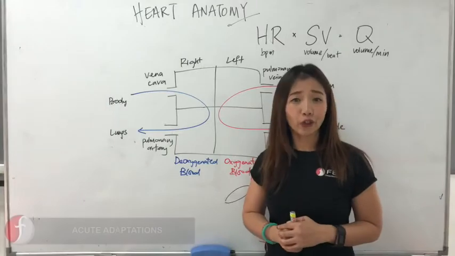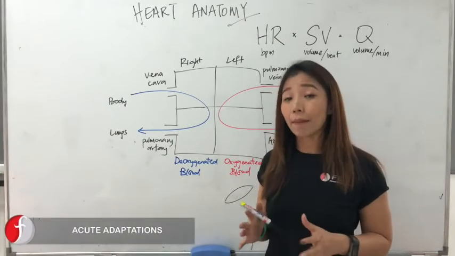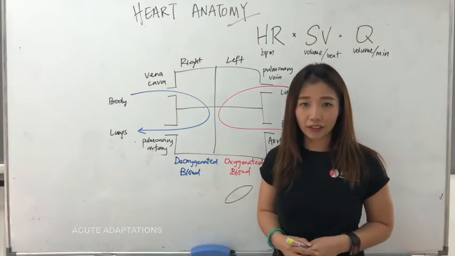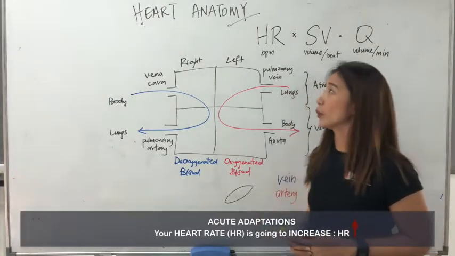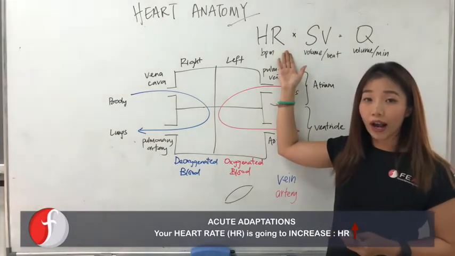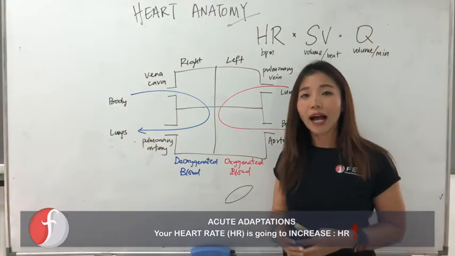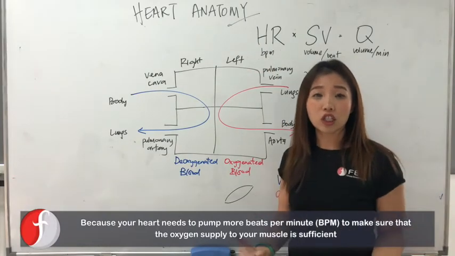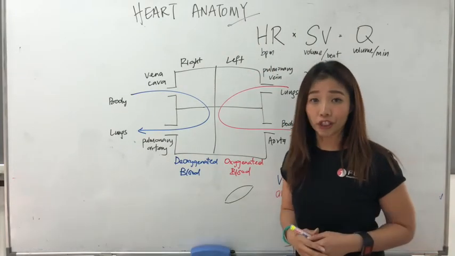Now, let's talk about acute adaptation, meaning what actually happens in a short period of time when you exercise. Number one, your heart rate is going to increase, because your heart needs to pump more beats per minute to make sure that the oxygen supply to your muscles is sufficient.